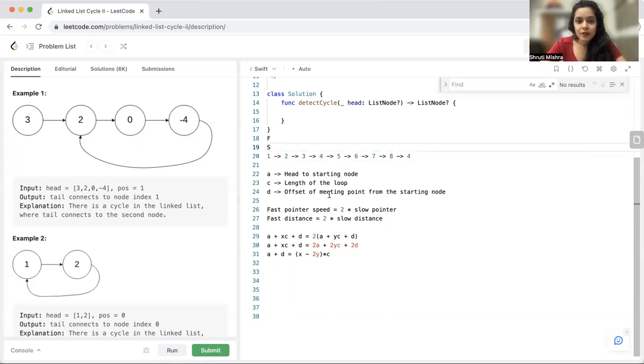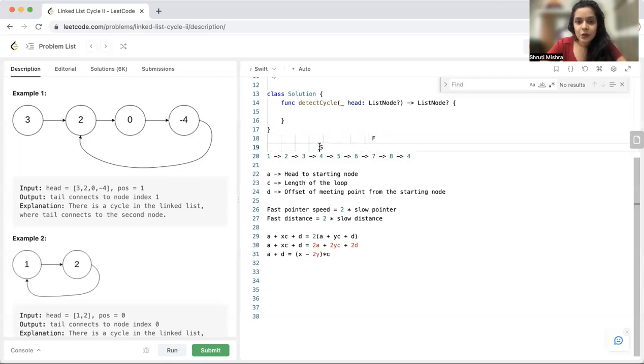When the slow pointer moves to 2, fast pointer is going to move to 3, because fast moves 2 nodes at a time. Slow moves to 3, then fast moves to 5. Slow moves to 4, fast moves to 7.